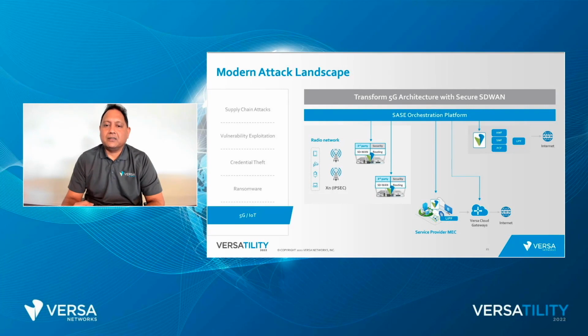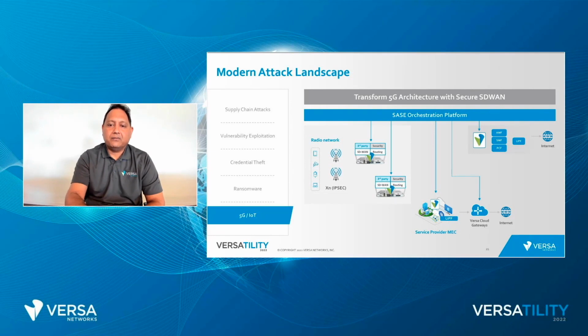So the deployment, provisioning, and configuration all become super easy because there's a single pane of glass to manage, and for any security attack that happens anywhere within the edge of the network, the radio network, or the core network, we provide full visibility into what exactly happened in the entire tool chain.